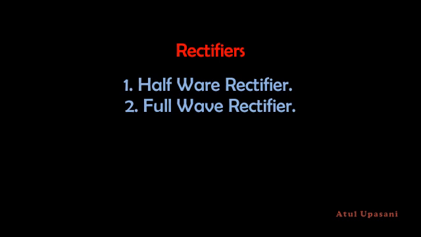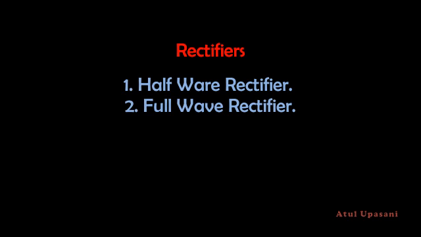Now what is meant by half wave rectifier? In a half wave rectifier, the output current flows only for half cycle of the input AC. While in a full wave rectifier, the output current flows for both the half cycles in the same direction.